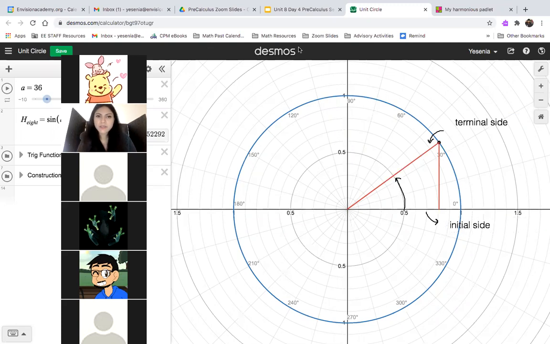And then basically what's different here is this. If you drop a straight perpendicular line down, you're creating right triangles inside the unit circle. So this is a right angle right here, and what we have is a triangle. We're going to be using the triangles inside this unit circle to figure out what the coordinate points are. So that's what we're going to be doing next.